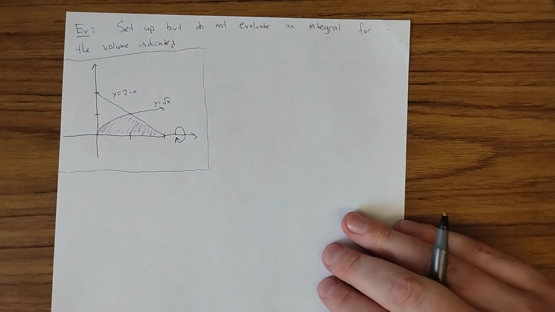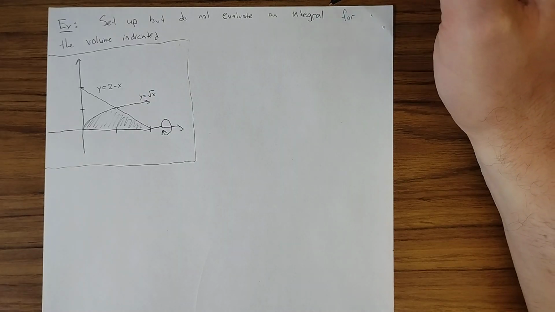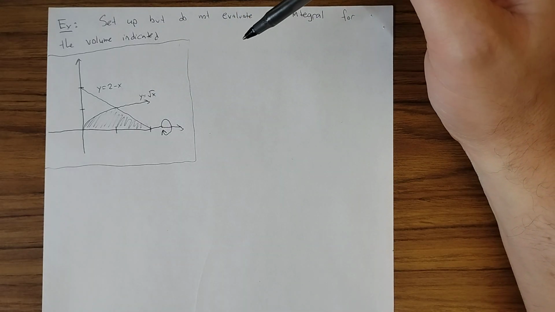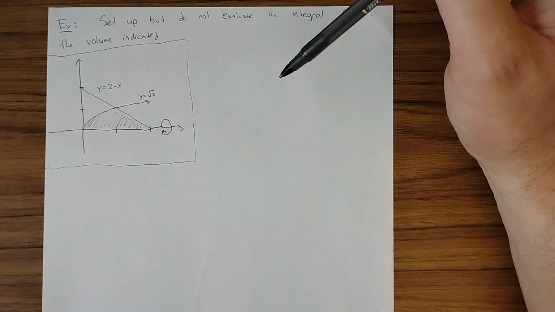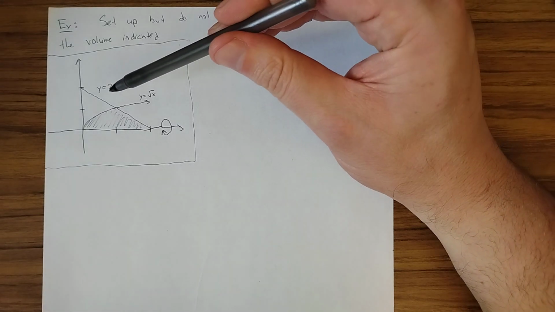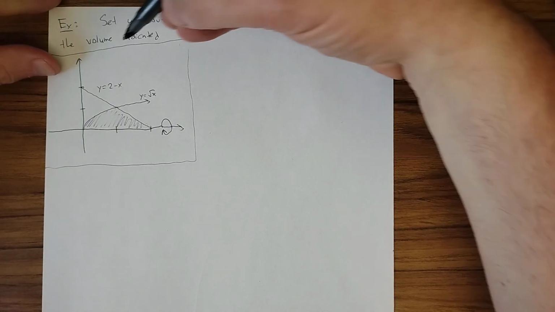So let's do another one. And let's say that this is set up but do not evaluate an integral for this. So this comes with a picture, but I don't think I really want to trust my eyes too much.